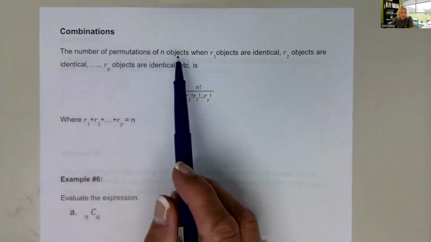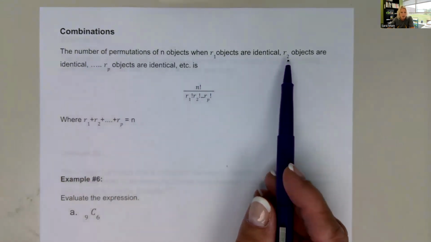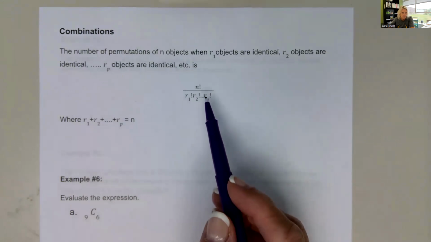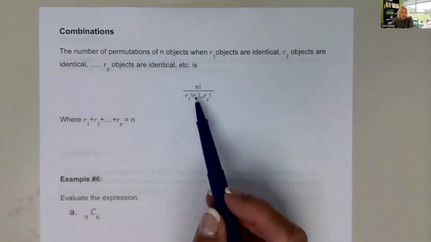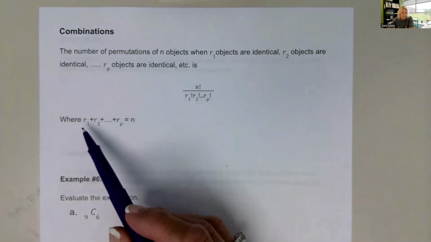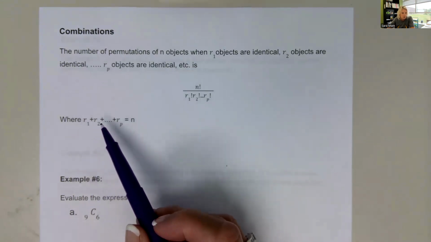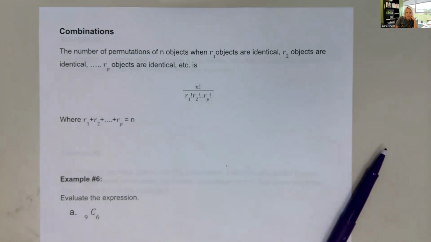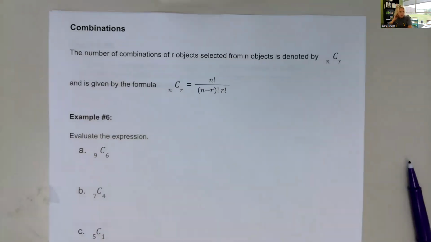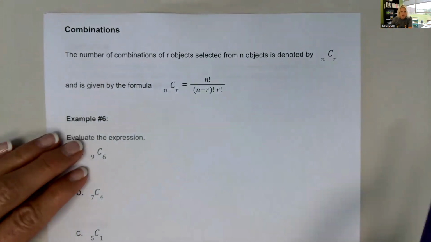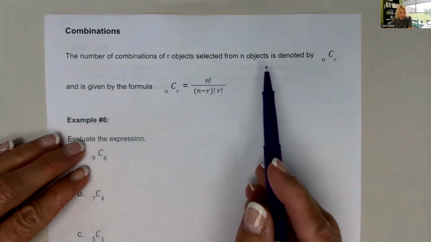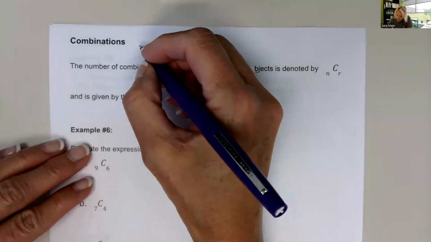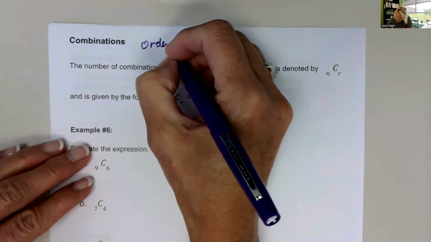So the number of permutations of n objects when R1 objects are identical, R2 objects are identical, and R3 objects are identical is n factorial divided by R1 factorial, R2 factorial, R3 factorial, where R1 plus R2 plus R3 equals n. Combinations: the number of combinations of r objects selected from n objects is denoted by nCr, and it's given by this formula. And this is where order does not matter.